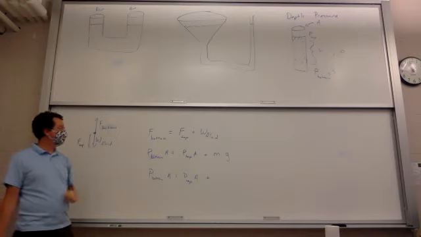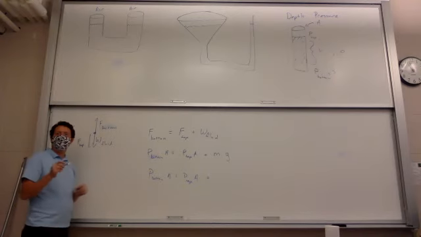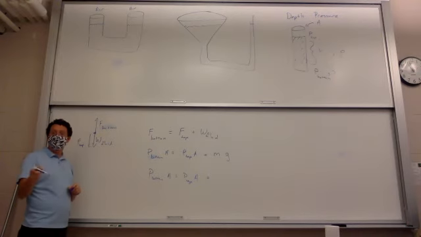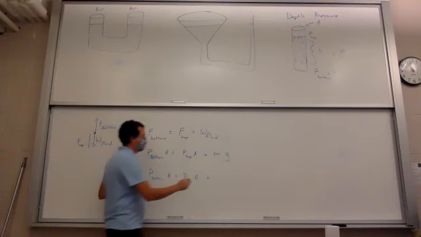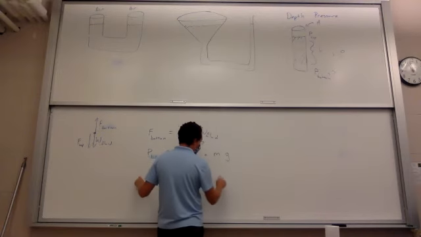Mass divided by volume is density, so therefore mass is density times volume. So this is going to be density times volume times G.